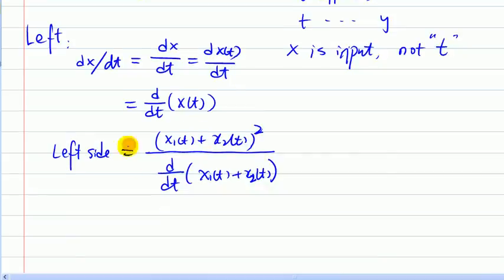So this is the left side here. Ultimately you'll see that the left side is not the same as the right side, so additive is not satisfied.